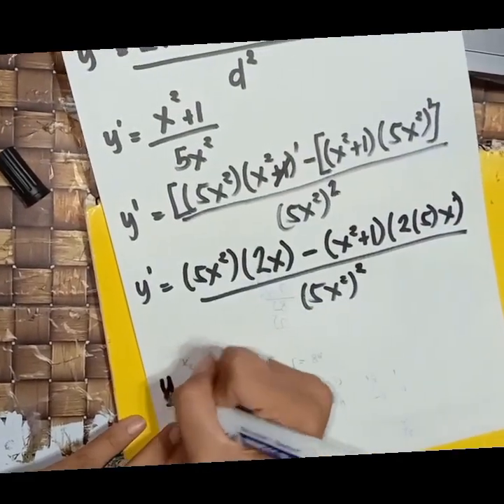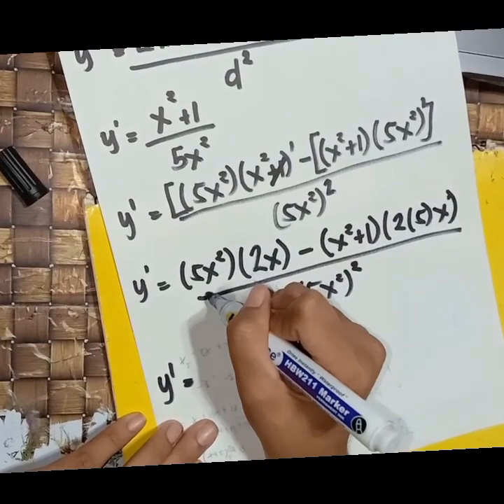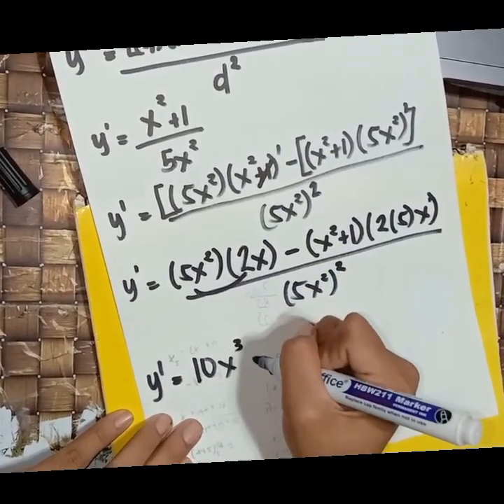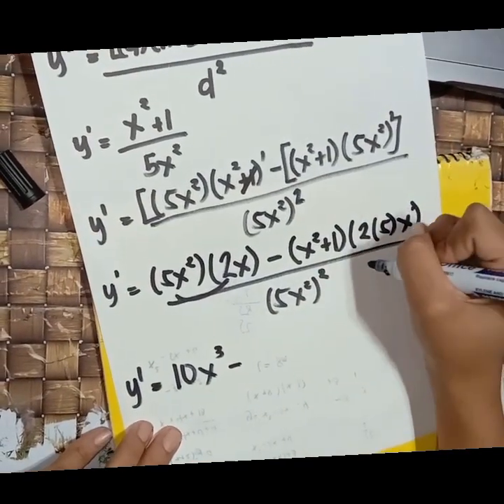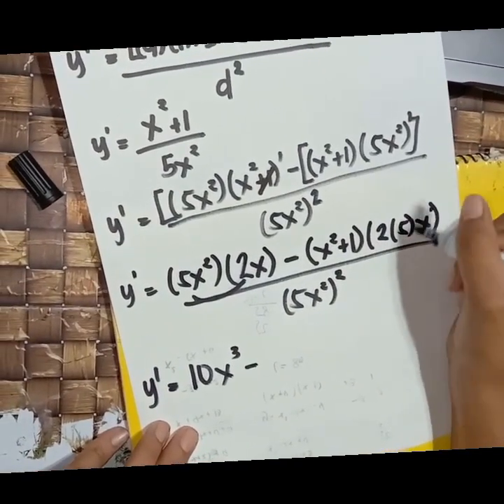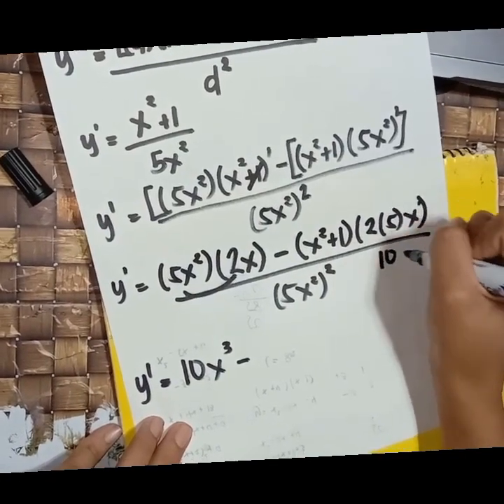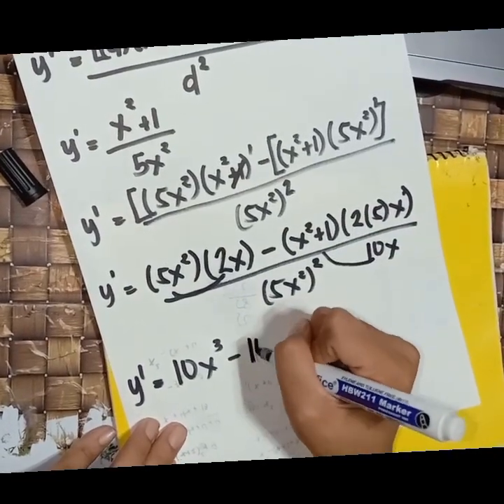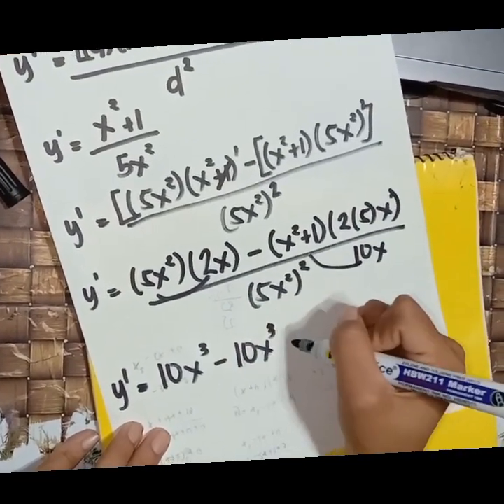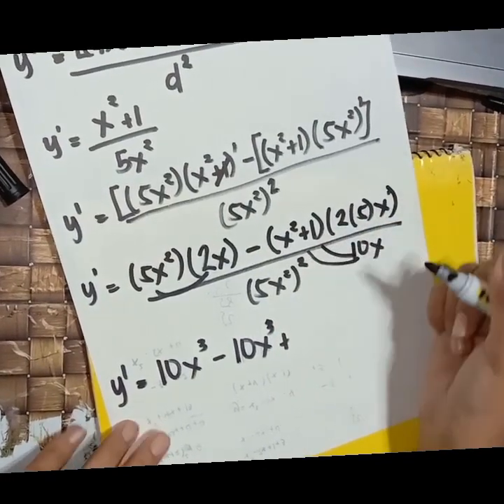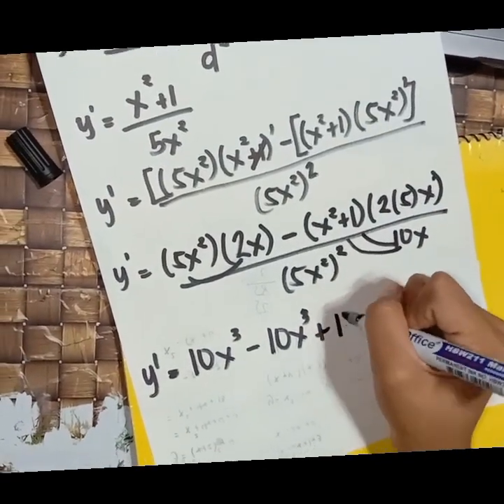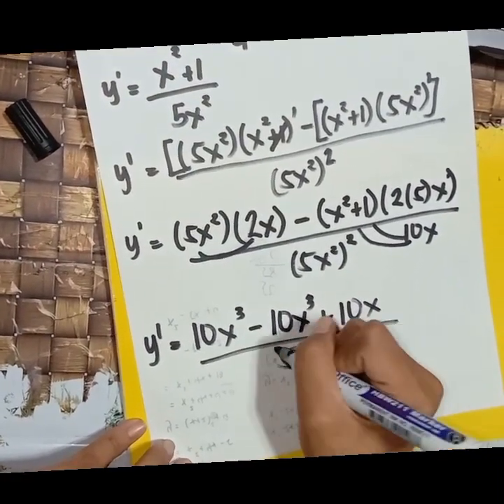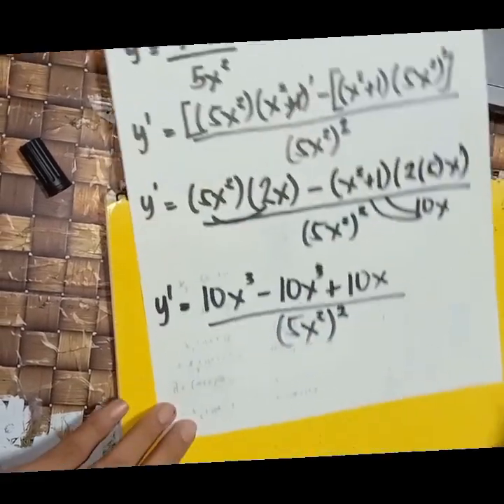So let's just simplify. 5x squared times 2x is 10x to the third, less, simplify the 2 times 5 times x, which is 10x. So 10x times x squared is 10x to the third, plus 10x times 1 is 10x, over 5x squared to the second power.